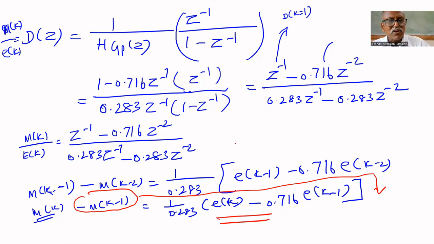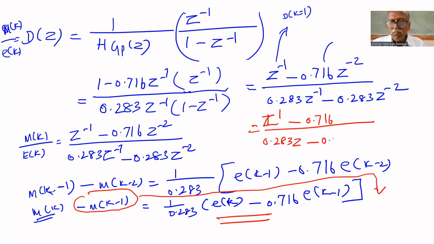This is to understand what D of Z is. But in simulation, you can enter this value directly. But you have to convert this into positive coefficients. Multiply on both sides by Z power 2, you will get Z power 1 minus 0.716 whole divided by, here also multiplying by Z power 2, 0.283 Z minus 0.283. That's all. This is the controller in positive powers: Z minus 0.716 divided by 0.283 Z minus 0.283.